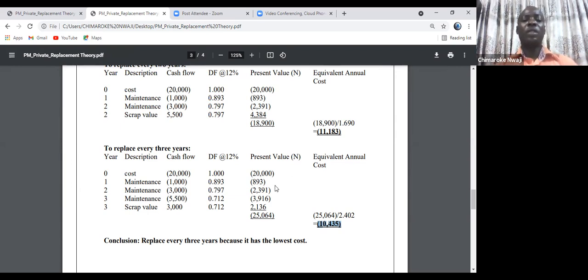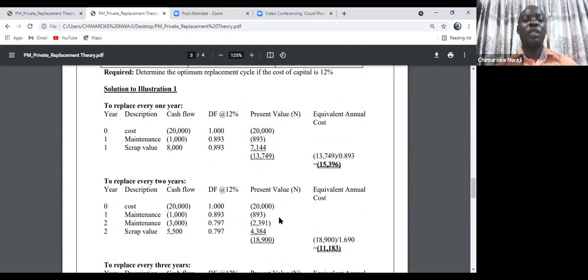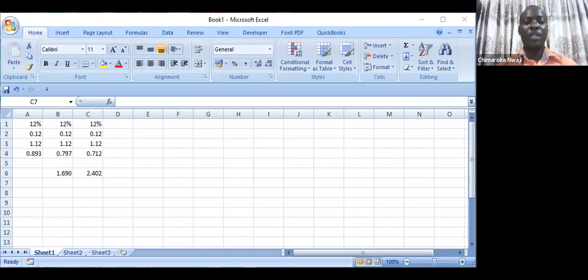Now, assuming we are to ignore time value of money, let's see how it will be like for year 1. Let's assume that we are to ignore time value of money. What will that be?